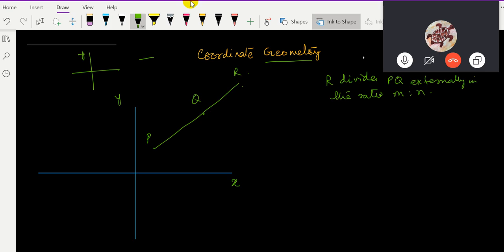So, which one is m and which one is n? Which one is m? Which one is n out here? PR is m and QR is n.